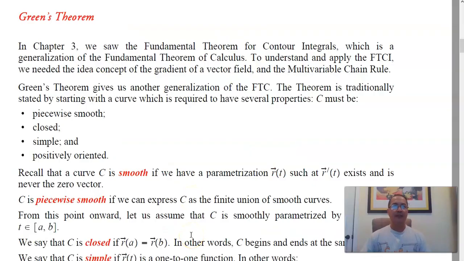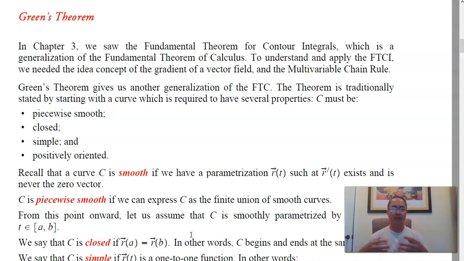All right, so back in chapter 3, we introduced the double integral by reviewing the fundamental theorem of calculus. And then when we looked at contour integrals, we saw that the fundamental theorem for contour integrals is related, a little bit, to the fundamental theorem of calculus.